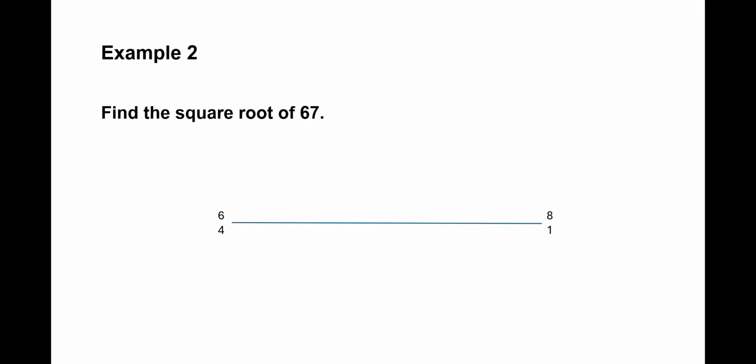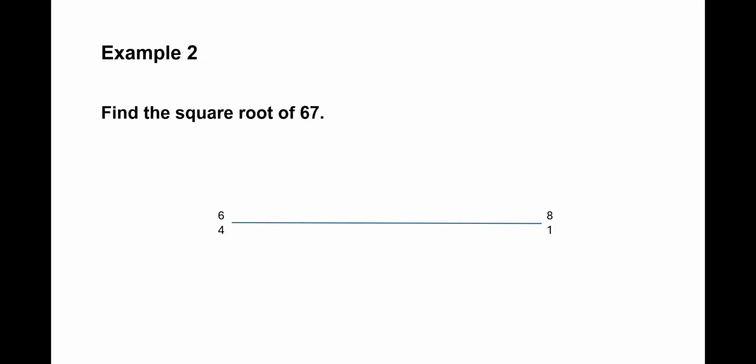Example 2 is kind of wonky because you might think you might say like 6, 7 with your hands bobbing up and down. So the square root of 67. Make another number 1 below.